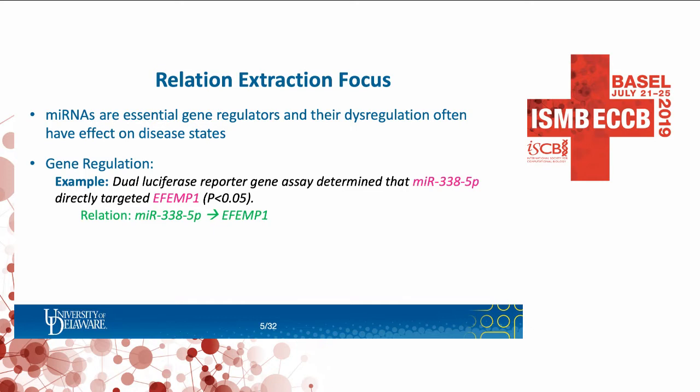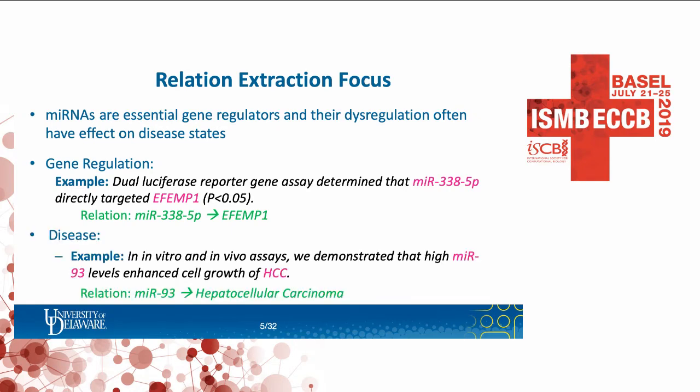Since the dysregulation of microRNAs often leads to diseases, the next major relation we want to extract is between microRNAs and diseases. In this example, we would like to see that high MIR93 levels lead to enhanced cell growth in hepatocellular carcinoma.